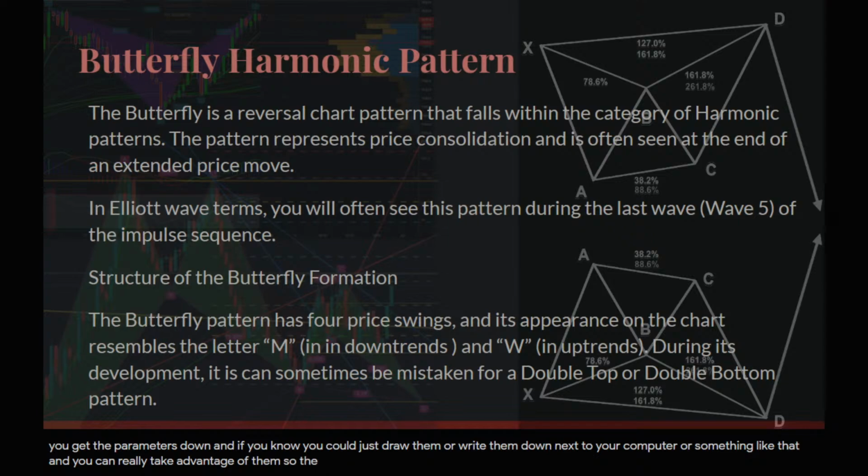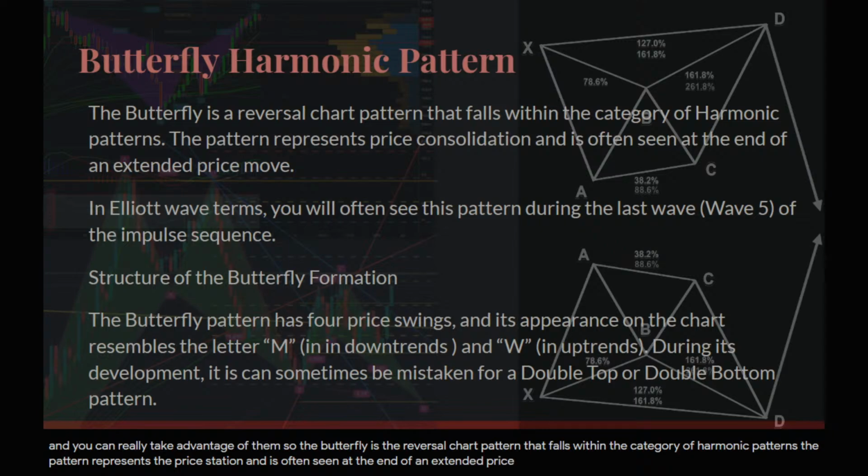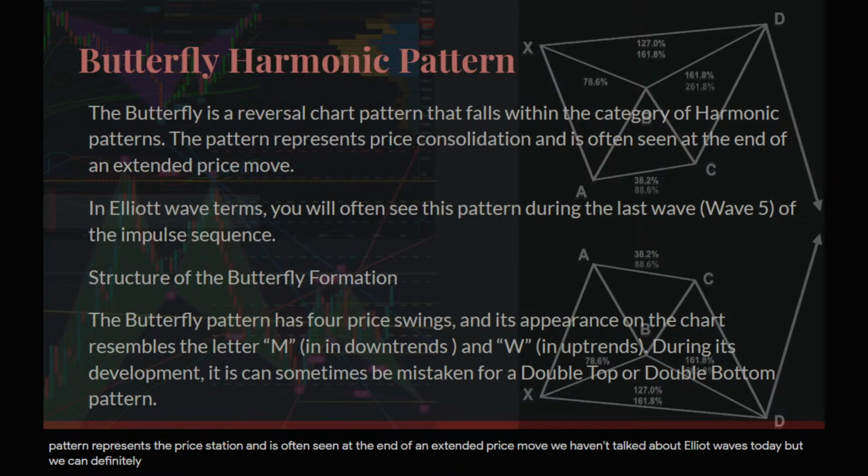The butterfly is a reversal chart pattern that falls within the category of harmonic patterns. The pattern represents price consolidation and is often seen at the end of an extended price move. We haven't talked about Elliott waves today, but we can definitely talk about it in the future, and we have a class on them as well. But in Elliott wave terms, you will often see this pattern during the last wave, wave 5 of an impulse sequence.